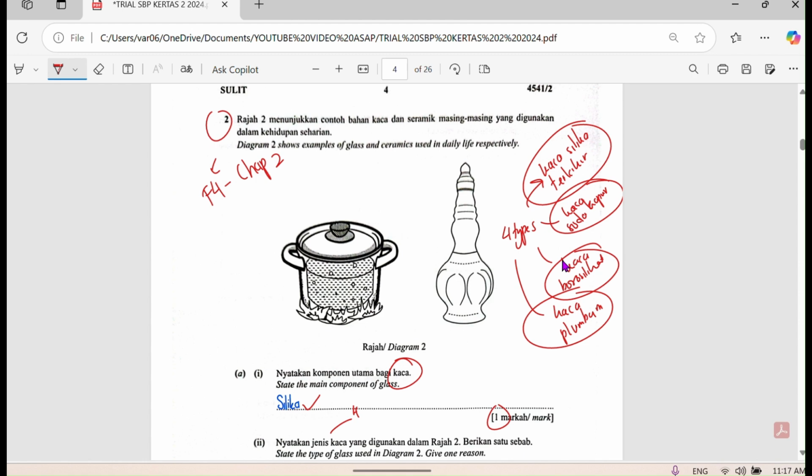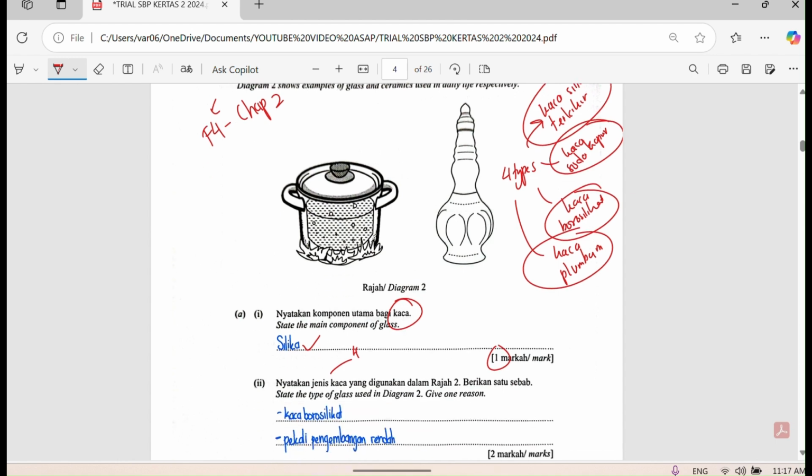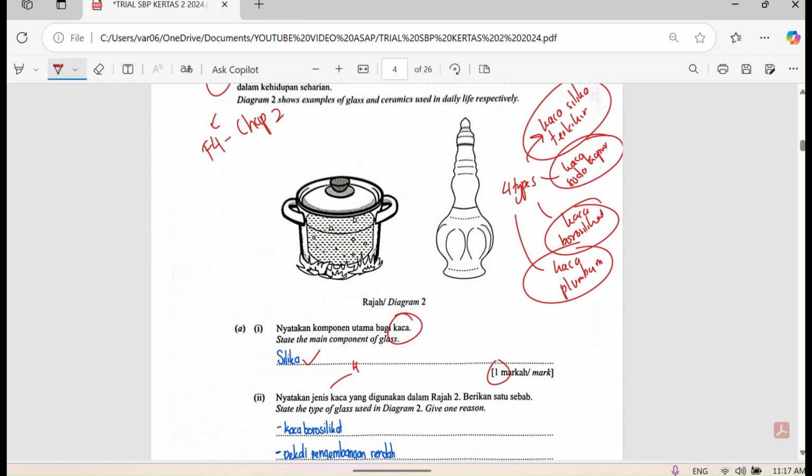Kaca borosilikat is usually used to make your alat dan juga radas in the laboratory, your beaker, your tabung uji. Your kelalang kon is made using kaca borosilikat.